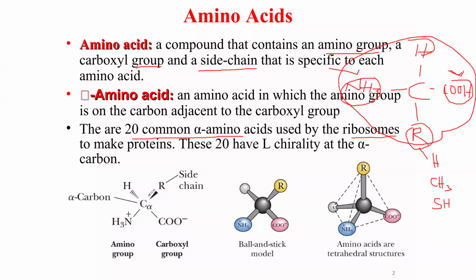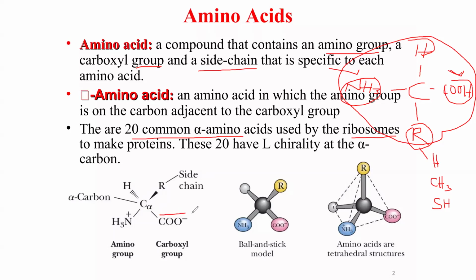One very important thing that we should understand, even from our basic chemistry, is what we call stereoisomerism. Stereoisomerism is a kind of isomerism in which you have an alpha carbon. And what is an alpha carbon? An alpha carbon is a carbon that has 4 different groups attached to it. Look at this, this is the alpha carbon.